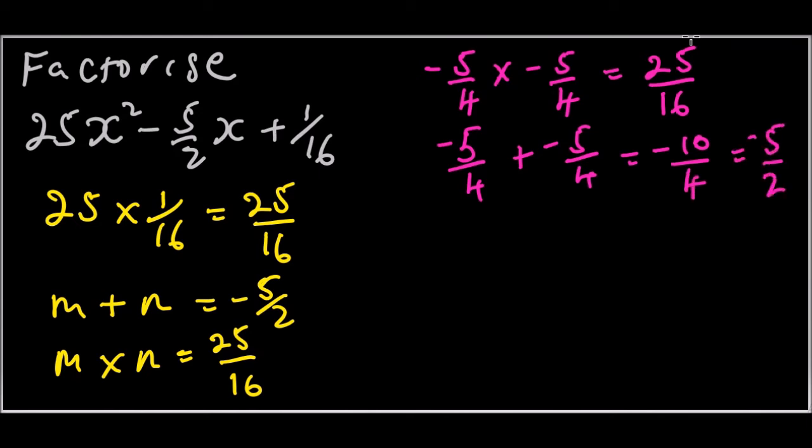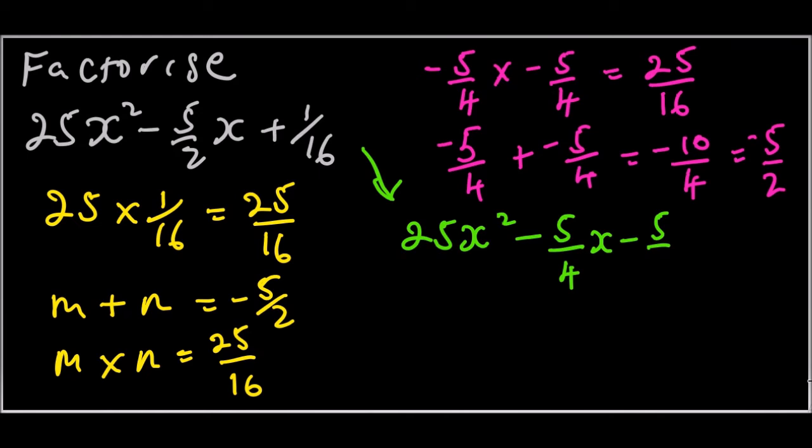So these two will work, and therefore we now rewrite our expression. This expression is the same as 25x squared, then we have minus 5 over 4x minus 5 over 4x, because we have seen when you add these, you get minus 5 over 2, and then we have plus 1 over 16.